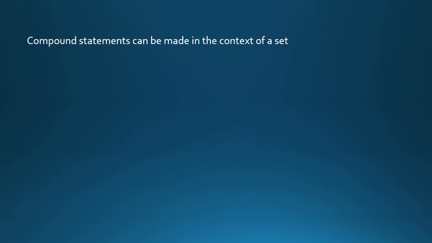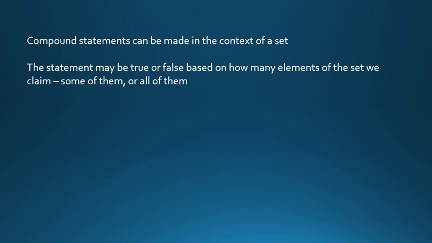Sometimes with simple statements or with compound statements, we can put these guys in the context of a set or a group or a collection of some kind of object or some particular objects. And the statement may be true or false based on how many elements of the set or how many things in that group we claim.